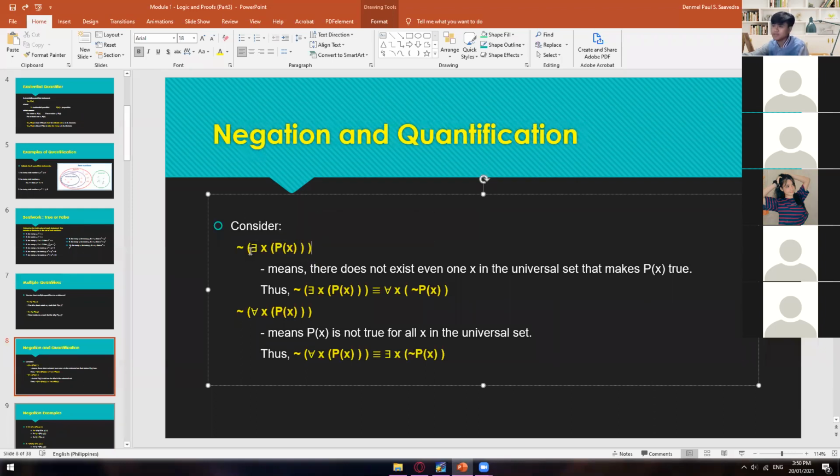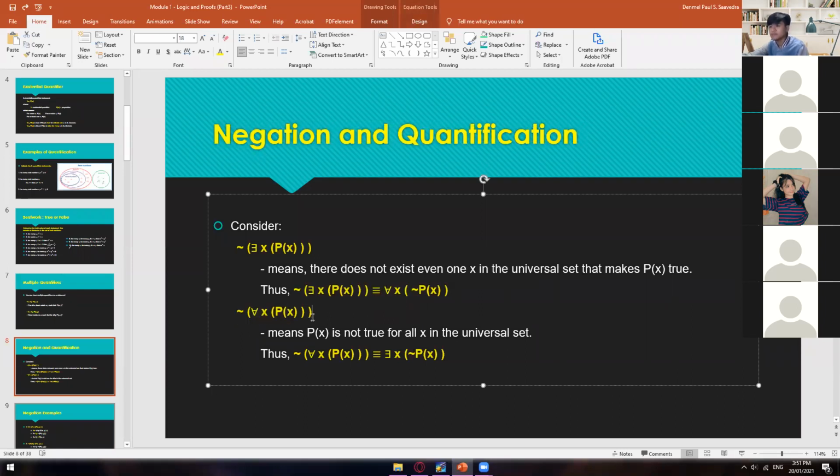Basically, you negate everything, regardless of the count of your parentheses. That is why you negate this one and then negate this one also, and that's how we come up with this logical equivalence. If you negate the existential, it becomes universal, and if you negate the positive, of course it becomes negative.